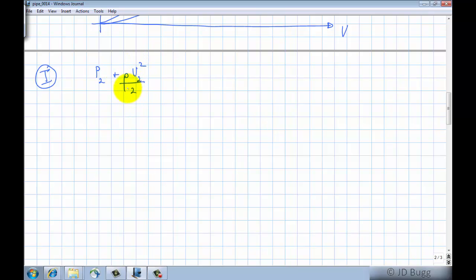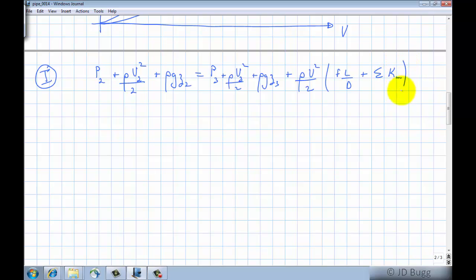So P2 plus rho V2 squared over 2 plus rho g Z2 equals the same thing at point 3. So that's Bernoulli's equation. But we also have losses, so we'll put a rho V squared over 2 here and include the frictional losses, fL over D, plus any minor losses that occur between point 2 and point 3.